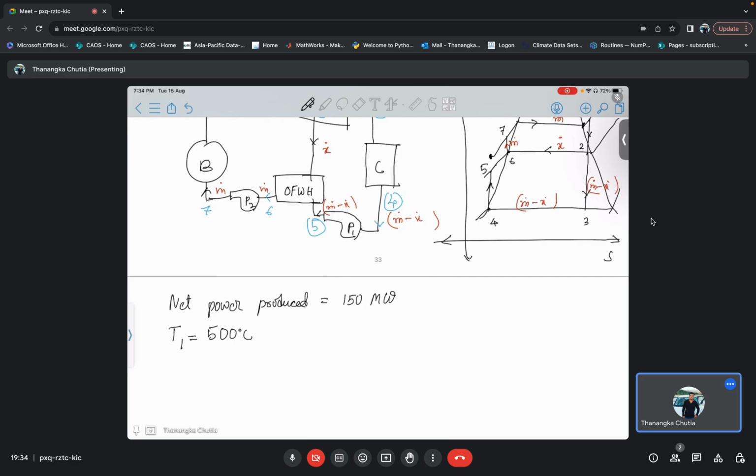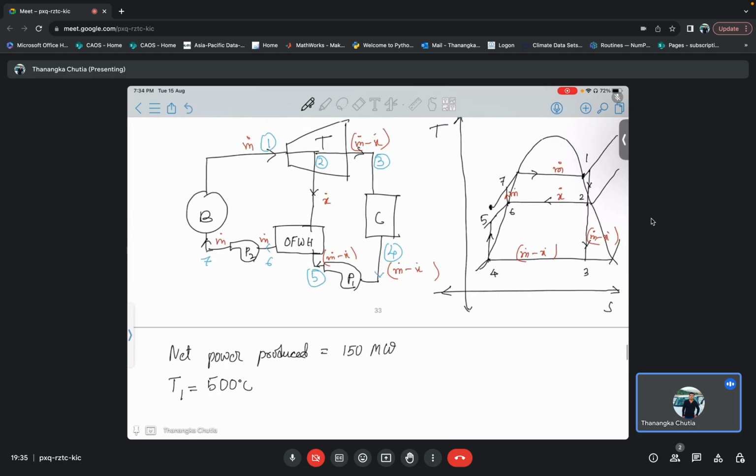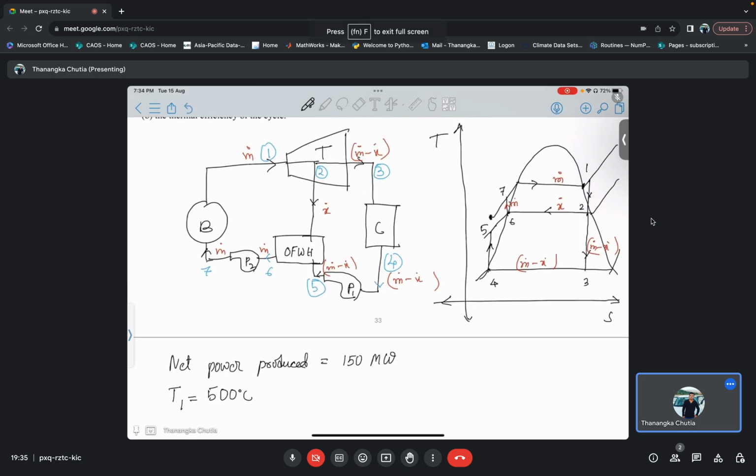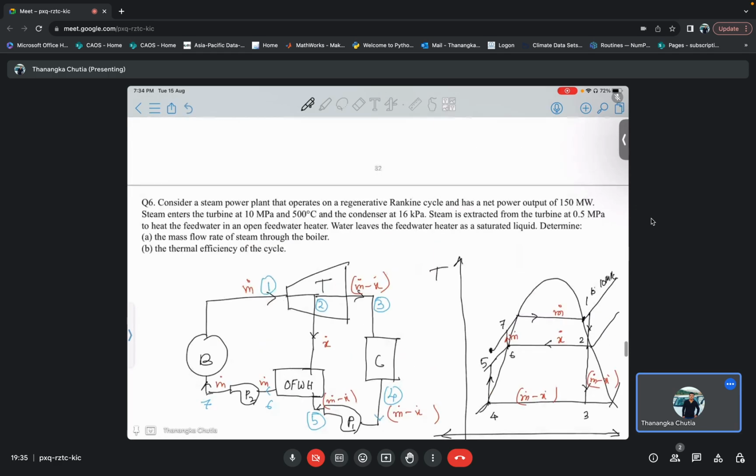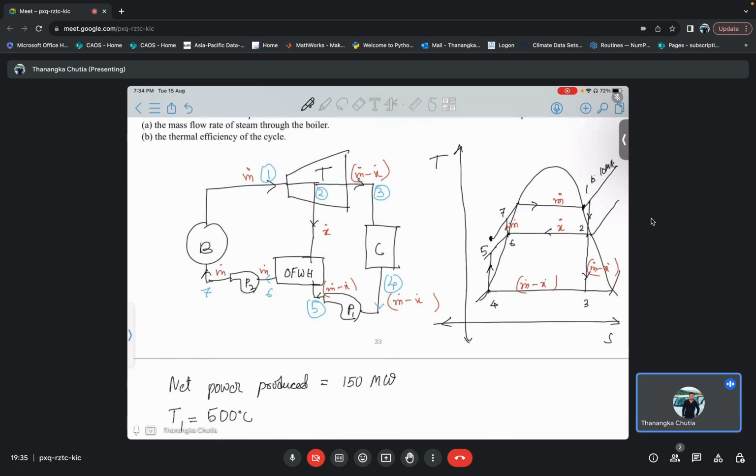Okay, and this is given as 10 megapascal, and this condenser pressure is given to us as 0.016 megapascal, and this is given to us as 0.5 megapascal. Okay.